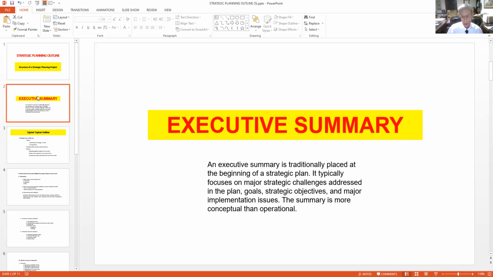So an executive summary makes it possible for you to communicate the highlights and the essential conclusions of your work to people who need to know or are interested and can benefit from that knowledge, and perhaps gain a little bit of respect for you because you've put together all the pieces of this puzzle, this issue regarding entering a new business, or perhaps just updating the strategic intent of the business that already exists.